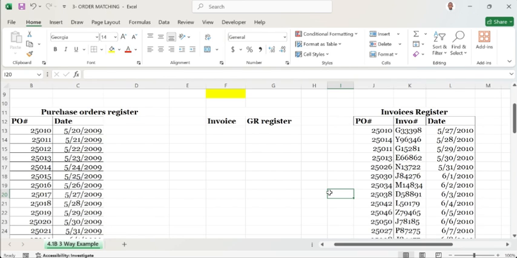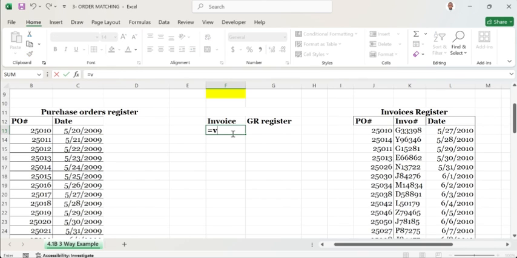So my question is, what Excel function are we going to use to confirm that?